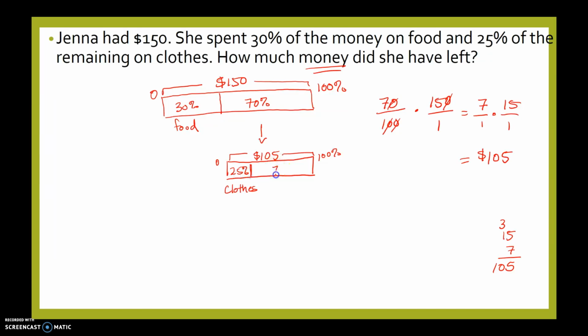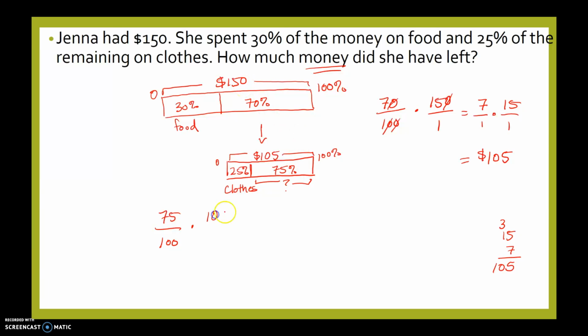So that means she has 75% of that $105 left, right? Let's figure that out now, because that's going to give us the amount of money she has left. The trick is we have to take 75% of the right thing, and that's why we found the $105, because if we took 75% of $150, that would not give us the right answer.